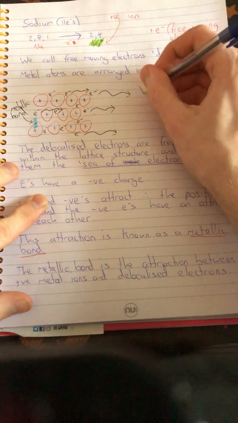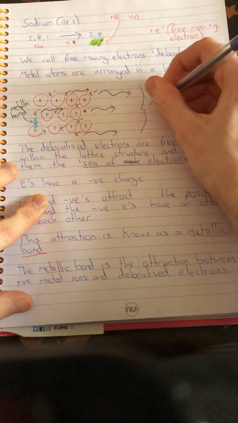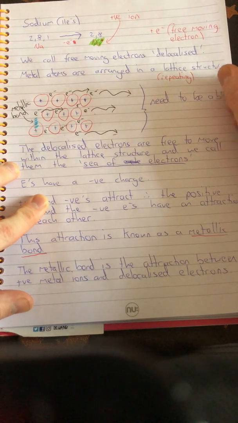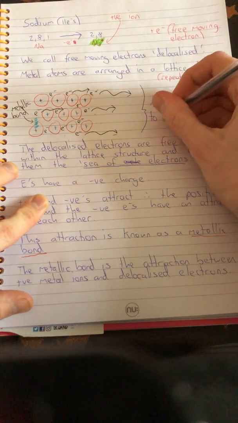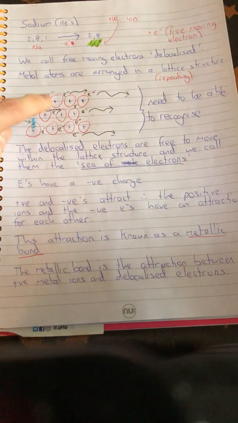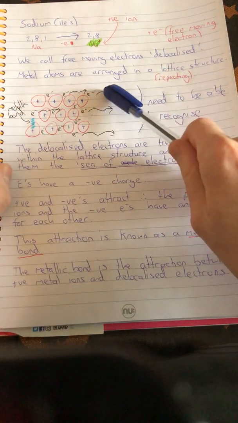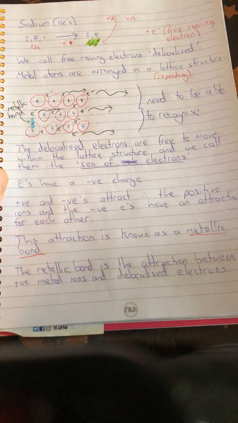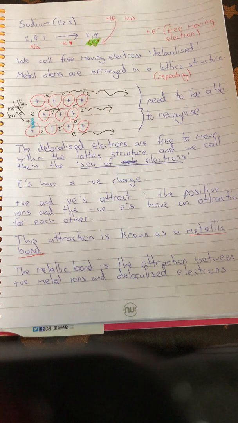This here, you need to be able to recognise, okay? Because the SQA will give you diagrams. They might give you a diagram that looks very similar to that, and it says what type of bonding does this show, and you need to be like, right, it's got positive ions, it's got delocalized electrons, it's metallic bonding.